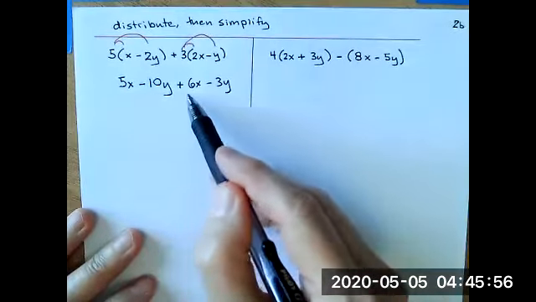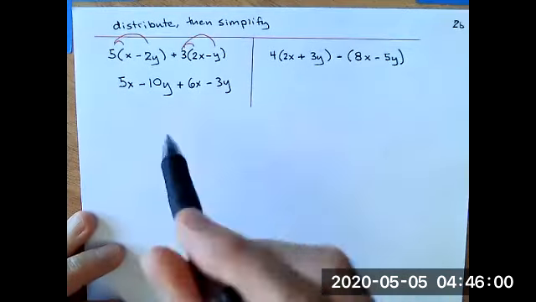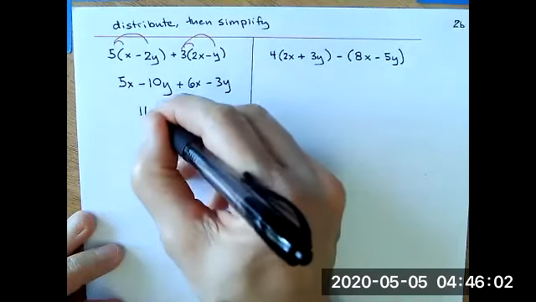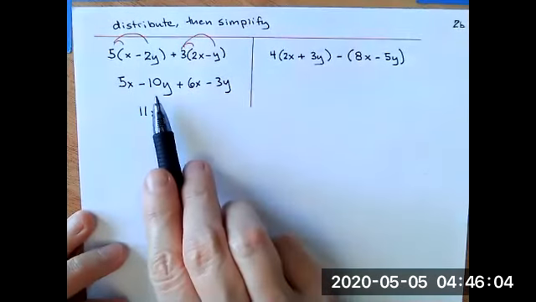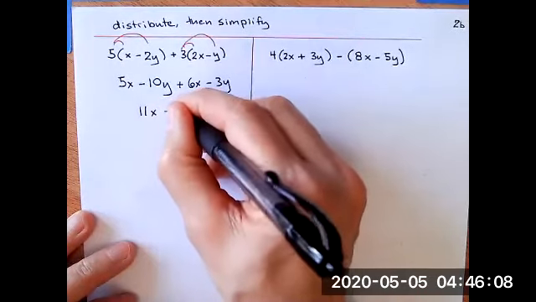And then we can combine like terms. 5x and 6x make 11x. Negative 10y and negative 3y make negative 13y.